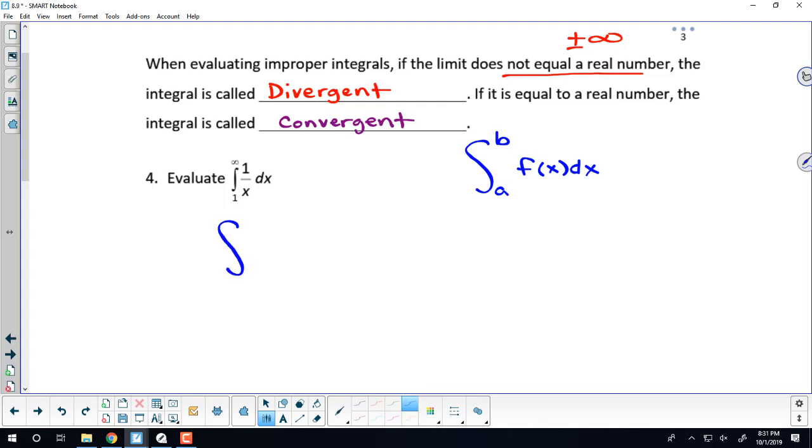We'll look at the integral from 1 to b of 1 over x dx, but we have to compute the limit as b approaches infinity. So we compute the antiderivative via the fundamental theorem of calculus first, and then once we plug in the bounds, we compute the limit.